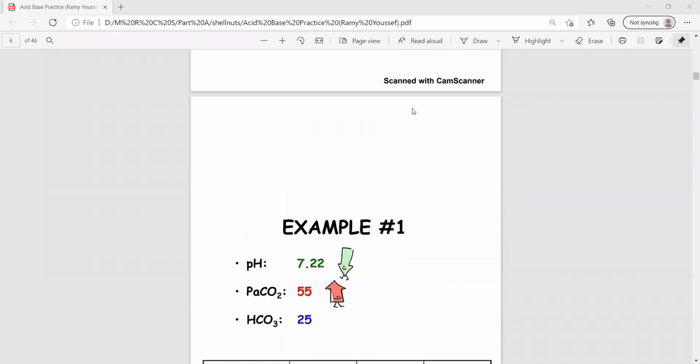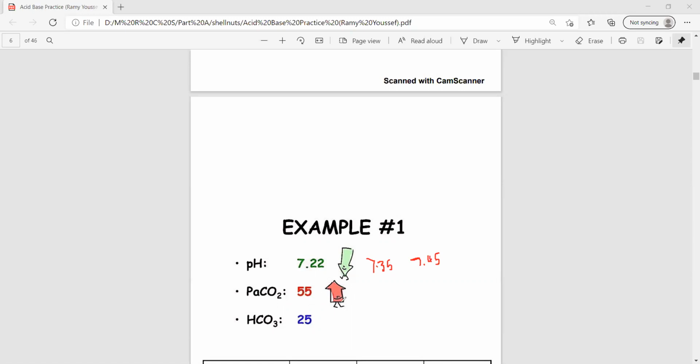So you have a pH of 7.22, which is low, so that is acidotic. You've got a PCO2 of 55, which is on the higher side, so that's acidotic, and the bicarb is 25, which is normal. So that's respiratory acidosis. So this is not compensated. 7.35 to 7.45, I have here 55.